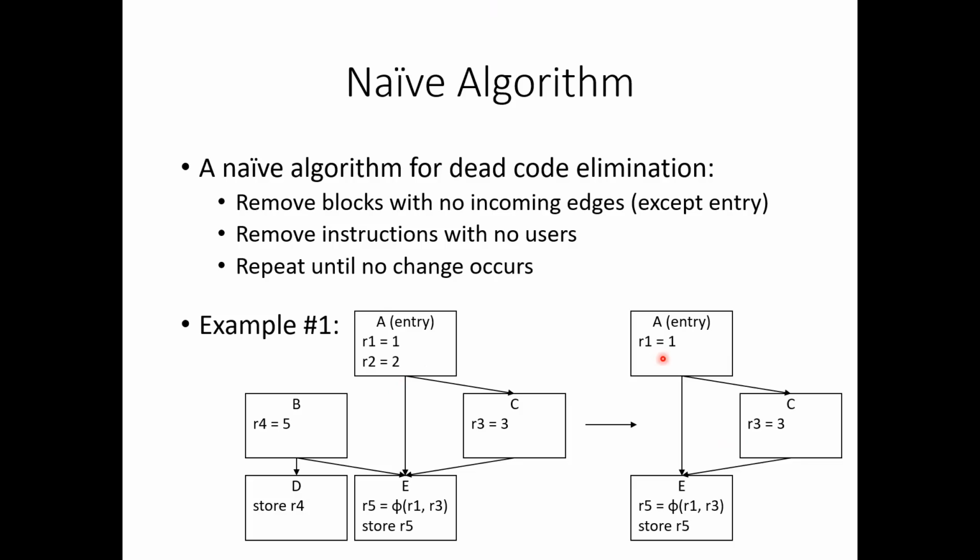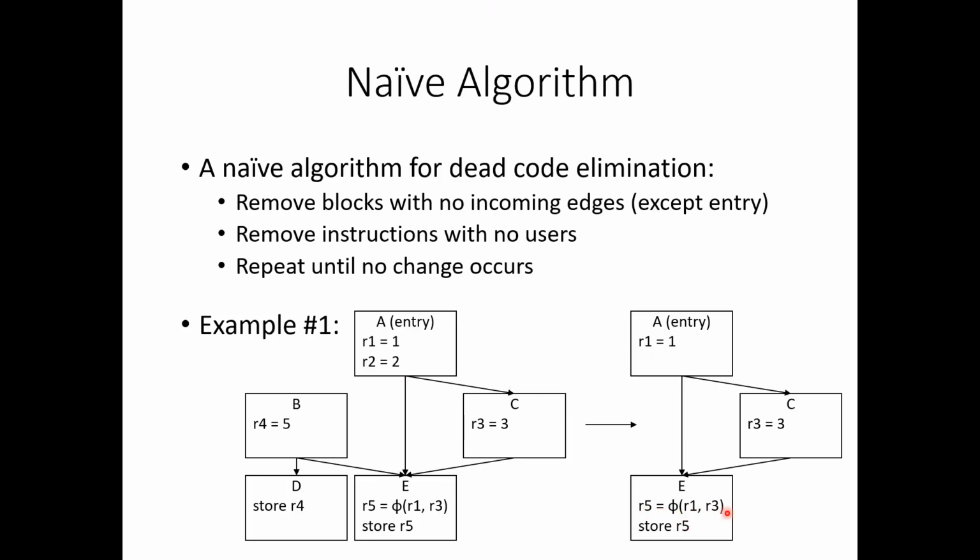Doctor, in the example, shouldn't the phi function in E have R4 as well? Shouldn't the phi function be, is your question, should the phi function be removed? In the before, not after. Before we do the optimization. The phi function is not removed because when we store, it means we're using R5, right? No, I meant R5 is using R4, R1 and R3.